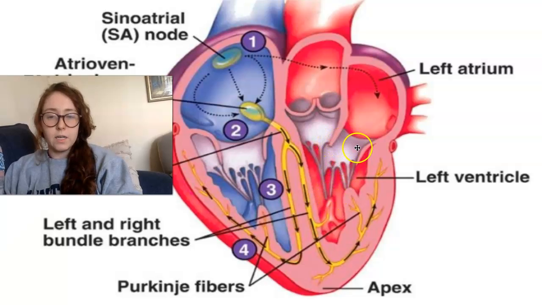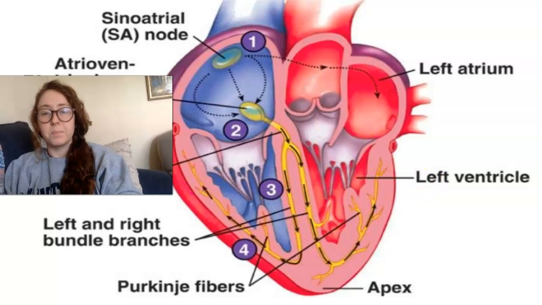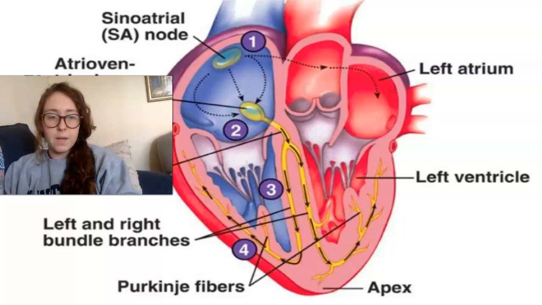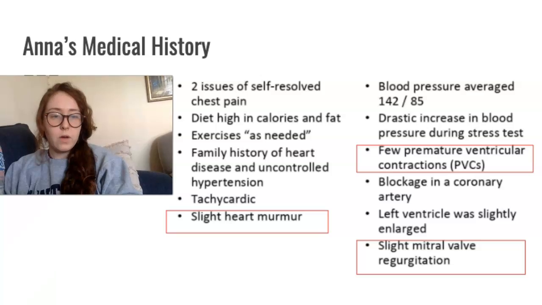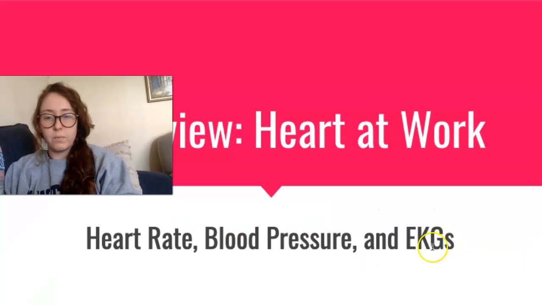If she has regurgitation, that means that the mitral valve isn't closing all the way and there's some blood spewing back into the atrium during that ventricular contraction. That would again cause a problem because you're not getting as much blood flow as you should out the aorta to the body.